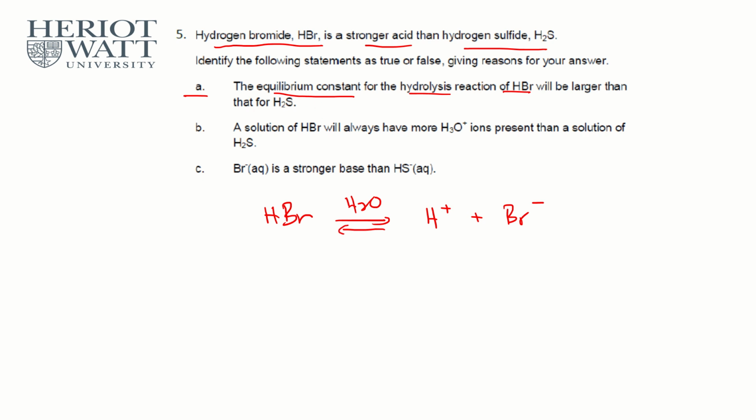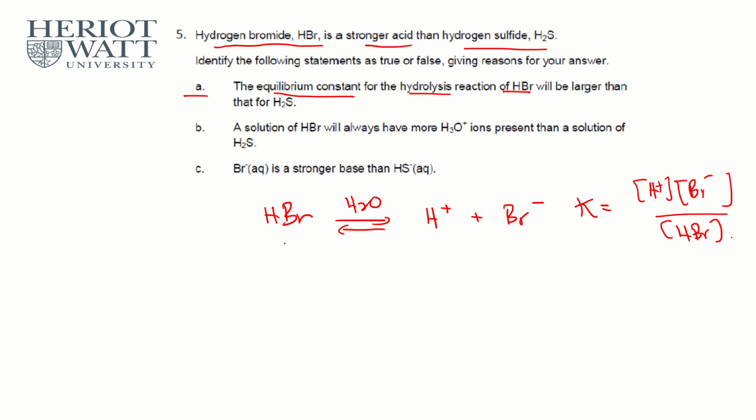If it is a complete reaction, there shouldn't be any equilibrium constant, so this is a reversible reaction. Okay, HBr, add water, reversibly changes into H plus and Br minus. And then you have a K value here, which is the concentration of H plus, Br minus, and HBr.